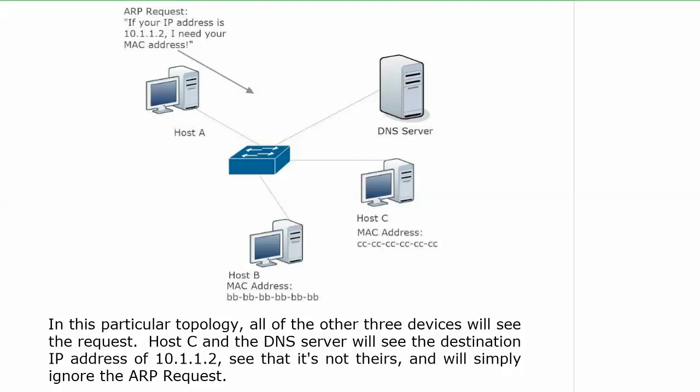Now, since we've got a switch in the middle of this network, and since this is a broadcast, everybody else connected to that switch is going to get a copy of that broadcast. So, host C will see it, and the DNS server will see it, and then they'll look at it and say, well, okay, it's looking for the MAC address of 10.112. That's not me. And they simply ignore it.